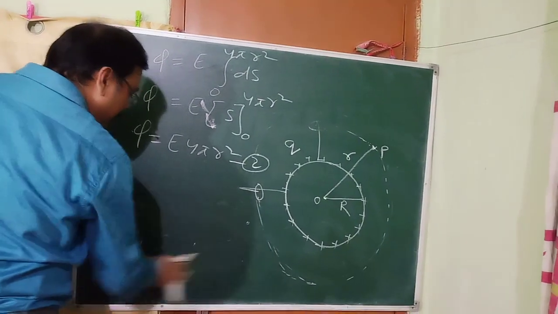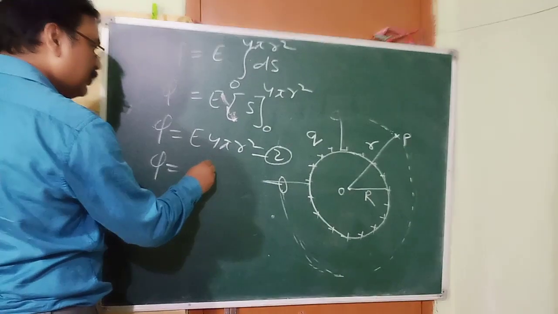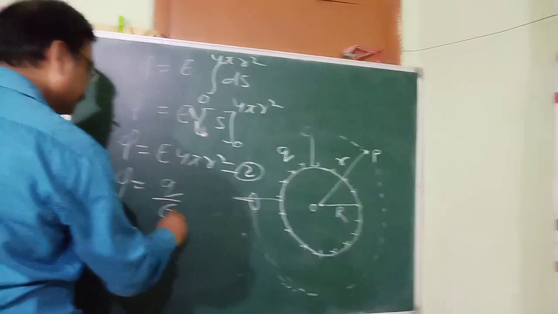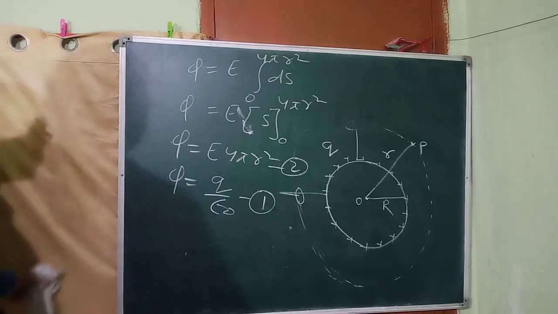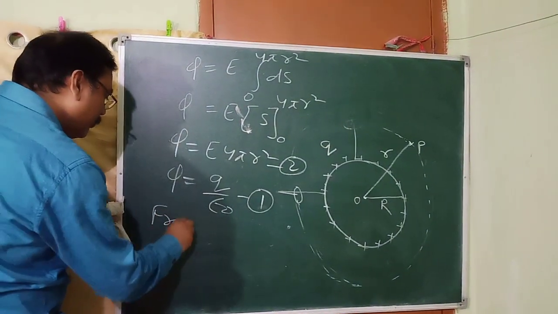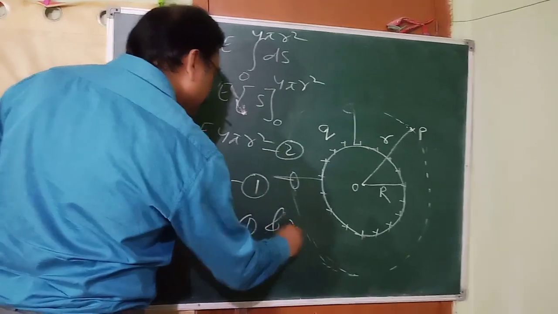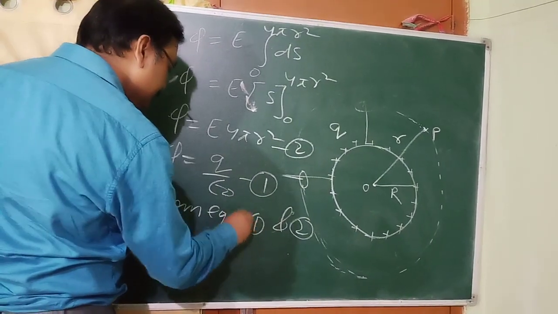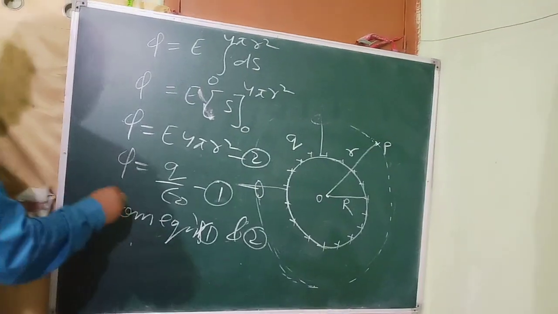What was your equation number 1? Your equation number 1 was phi is equal to Q by epsilon naught. We can put the values. So from equations 1 and 2, what can we write?